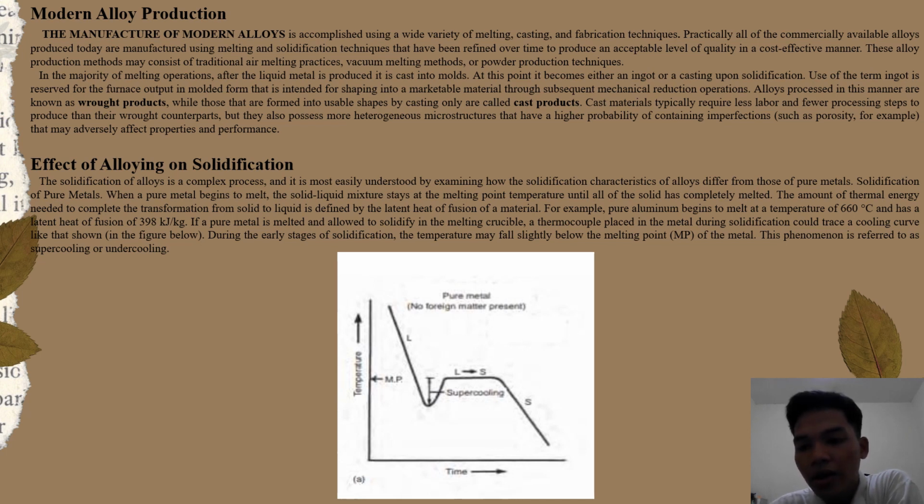660 Celsius and has a latent heat of fusion of 398 kJ per kilogram. If a pure metal is melted and allowed to solidify in the melting crucible, with a thermocouple placed in the metal during solidification, there is a cooling curve like that shown in the figure below.